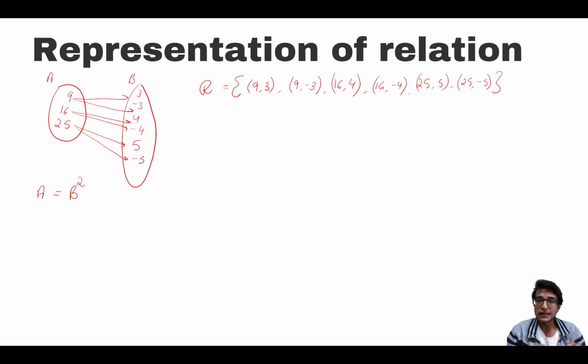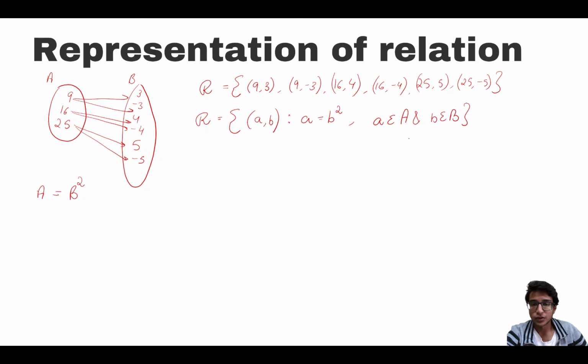So these are going to be the elements of my relation, right? Now, what is the other way? The set builder way of representing my relation. It can be represented as (a, b) such that a is equal to b square, given that a belongs to set A and b belongs to set B. So this is another way of representing my relation.